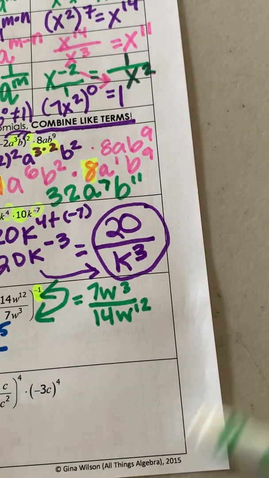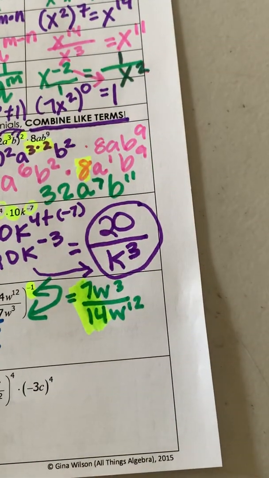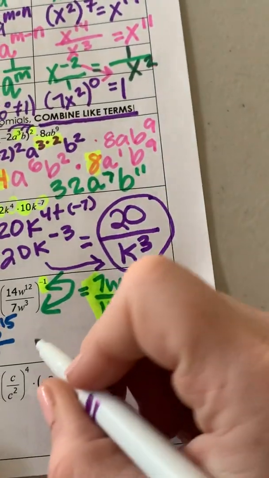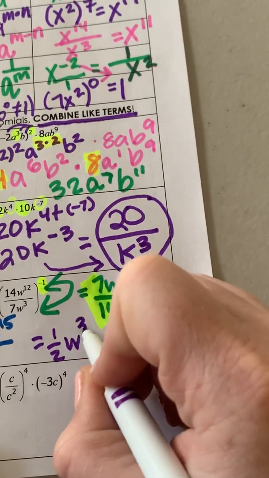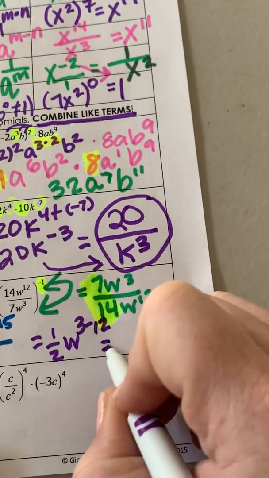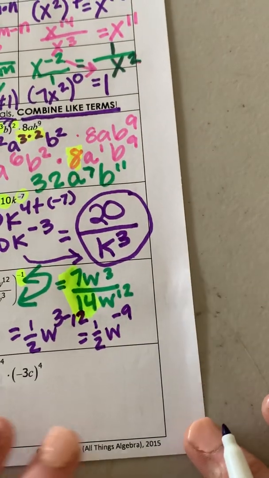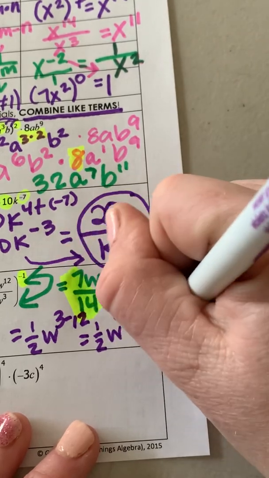Then we're going to reduce 7 over 14. That's my number. And then we're going to take top minus bottom. Okay, so this will be 1/2 w to the 3 minus 12, which is w to the -9. So how do I end up getting this?